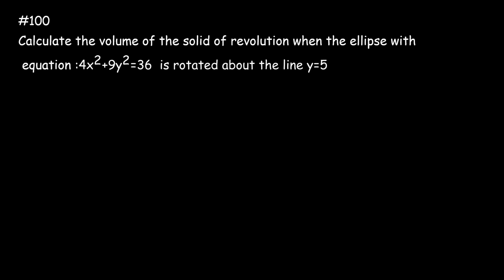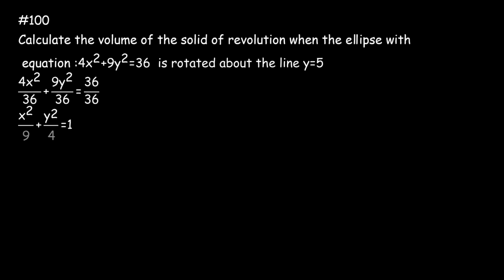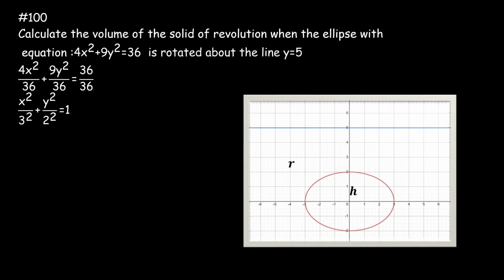The ellipse equation has not been given in standard form, so we need to standardize that by dividing all through by 36. This would be x squared over 9 plus y squared over 4 equal to 1. Okay, now we have written our equation in standard form of an ellipse.